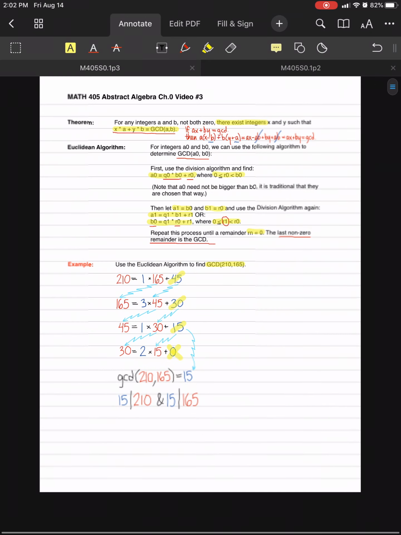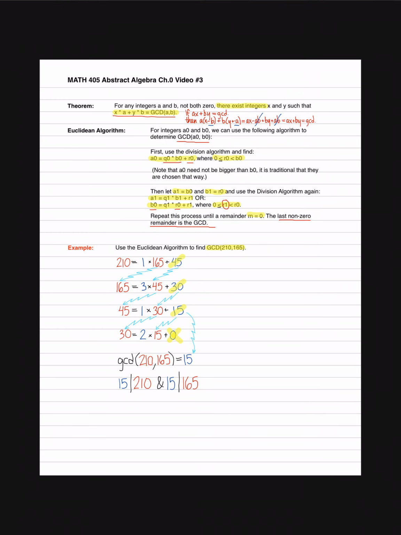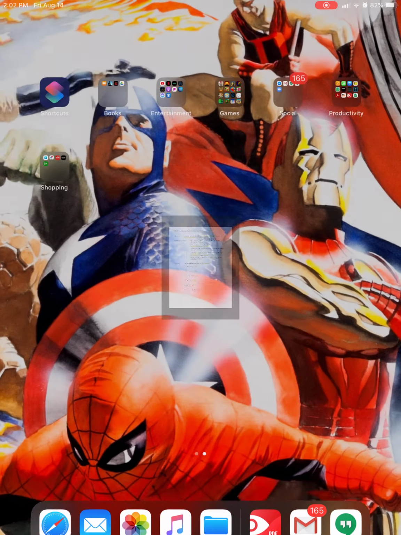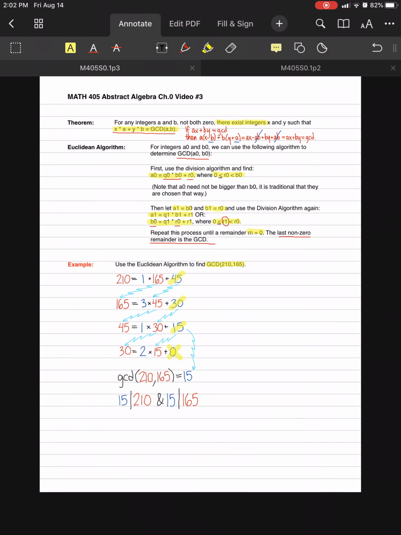And how we do that is we basically start with our next to the last step. Hang on. Are you not going to let me do it here? Okay, there we go.